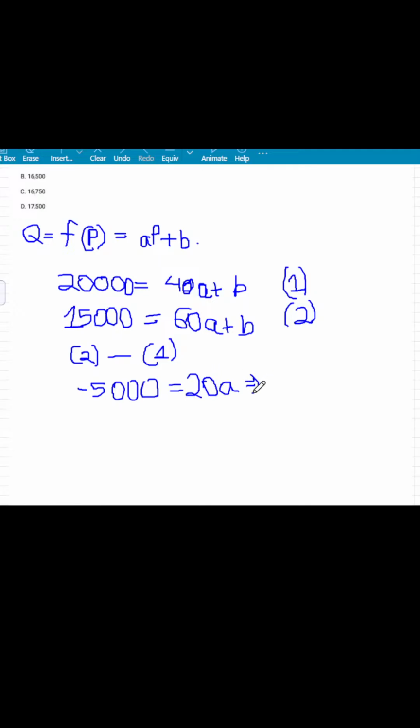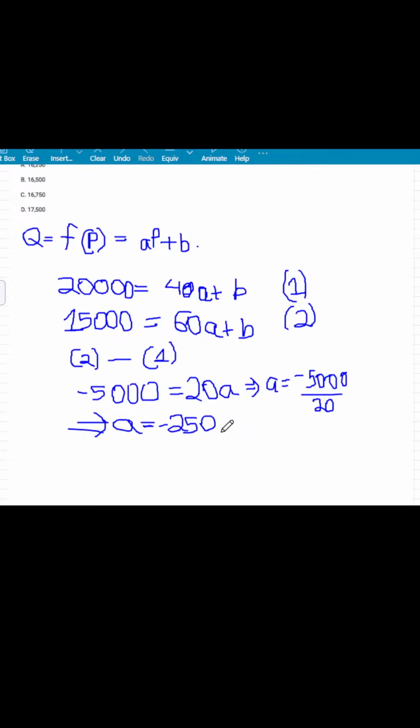So A will become minus 5,000 by 20, which is minus 250.